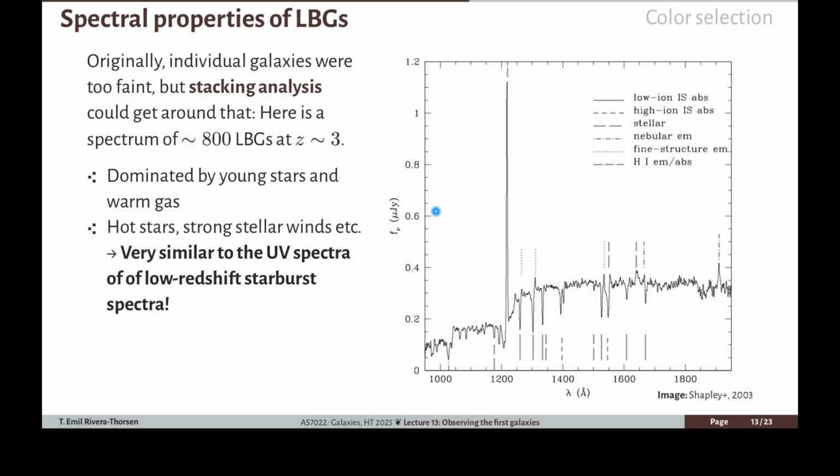One point, by the way, for those of you who are used to looking at spectra: this is in what we call F nu rather than in F lambda, what we're typically looking at. If we were looking in F lambda, what we would see for a young star-forming galaxy dominated by the blue is that it would be very bright here, and then it would kind of taper off as we get towards the red. But F nu basically means it is flux density per frequency rather than flux density per wavelength.